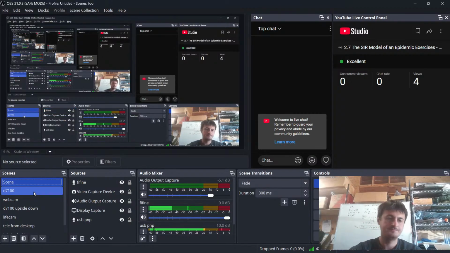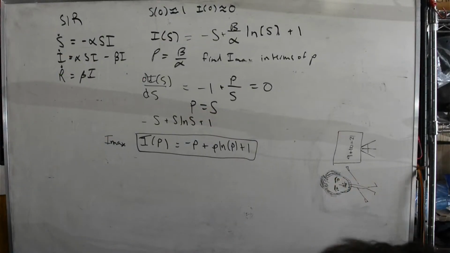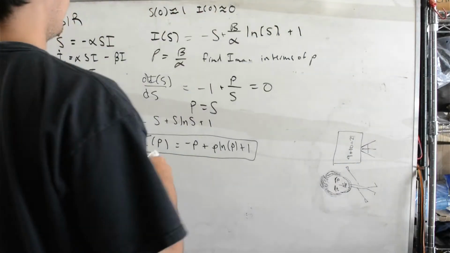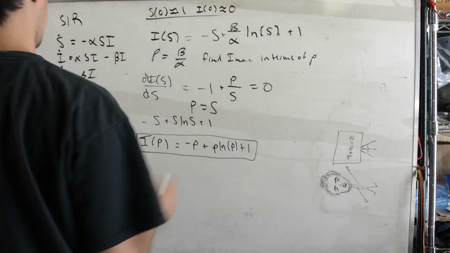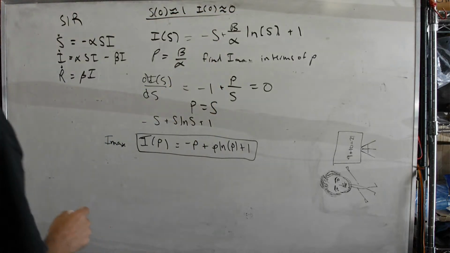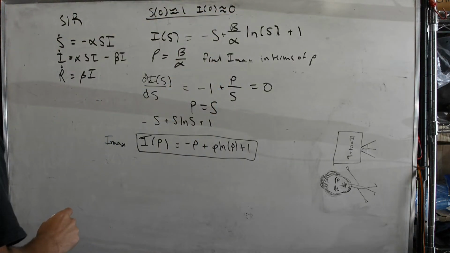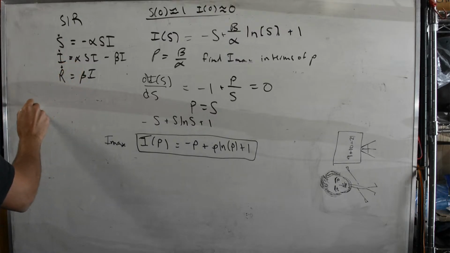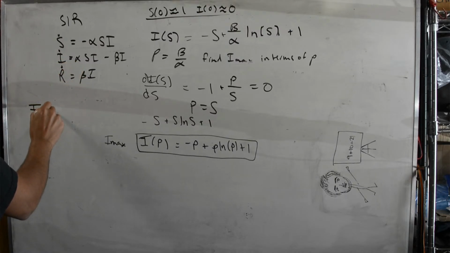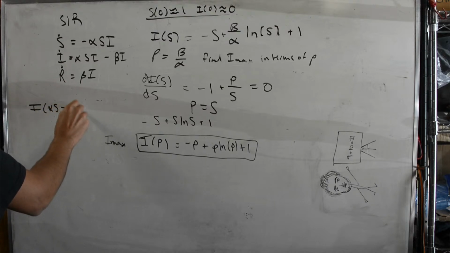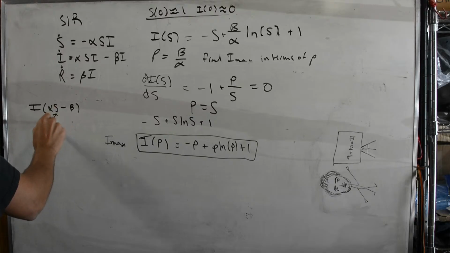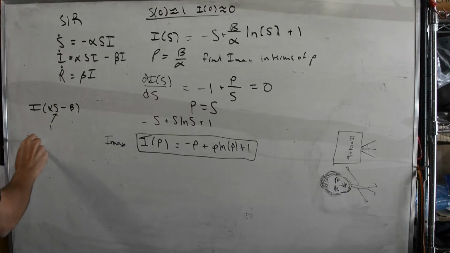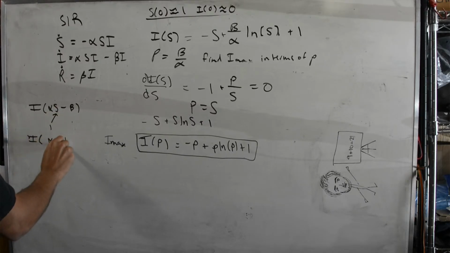All right, so with these initial conditions, our equation for I dot becomes I times alpha S minus beta, but S becomes 1, so then we get I times alpha minus beta.